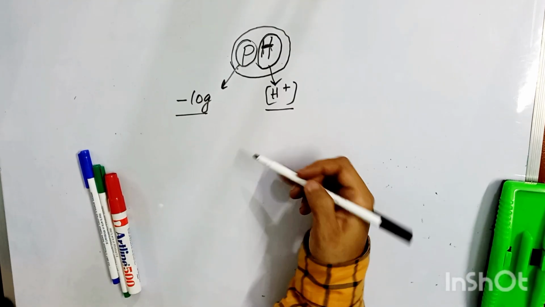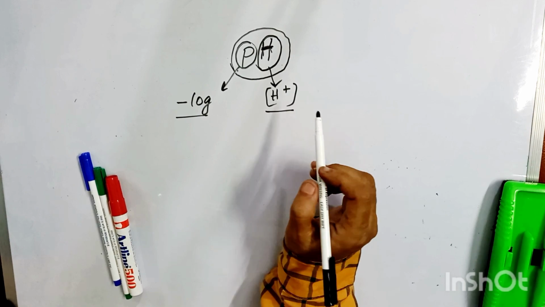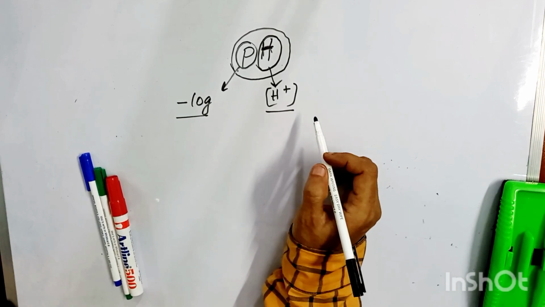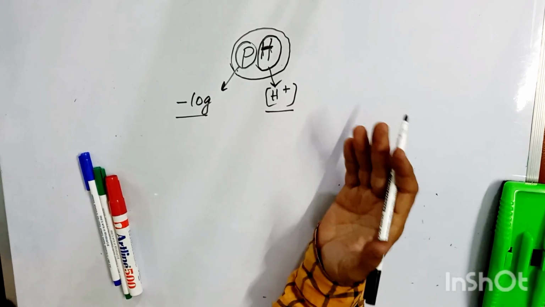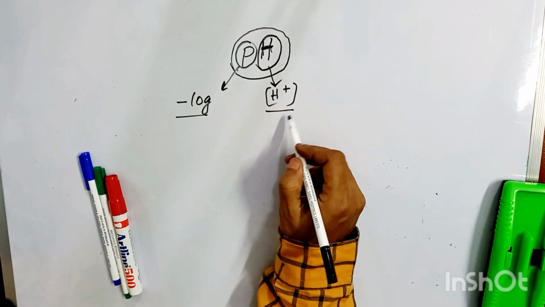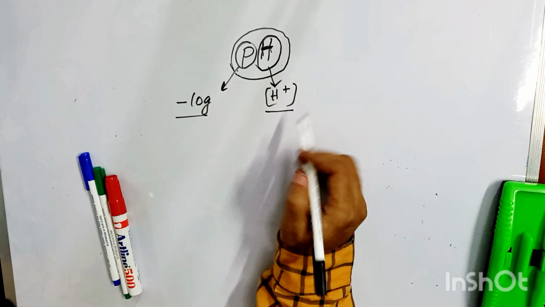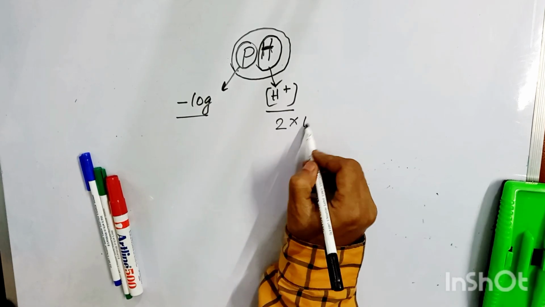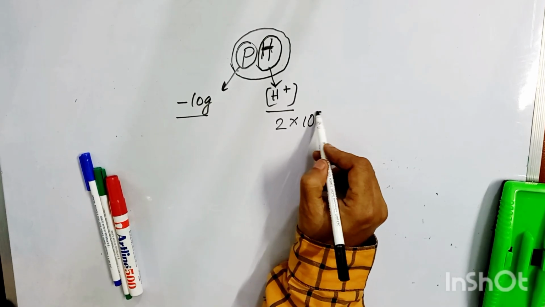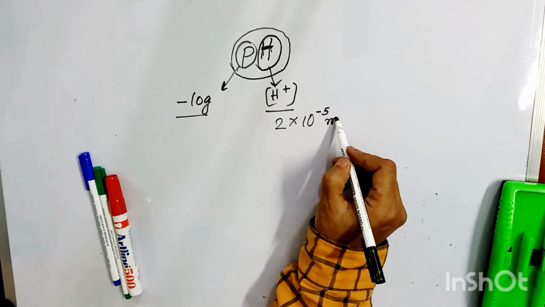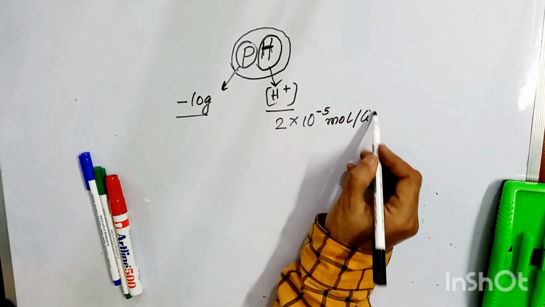Every ion present in any solution has a concentration expressed in moles per liter. Say, for a particular thing, 2 into 10 to the power minus 5 moles per liter.